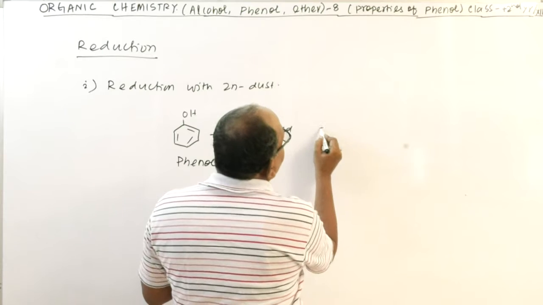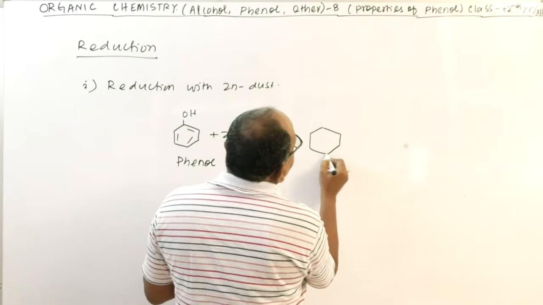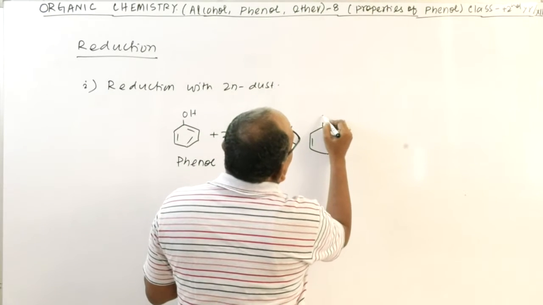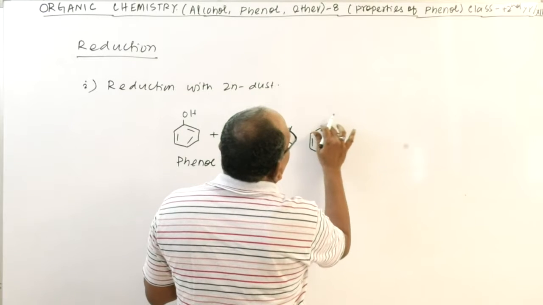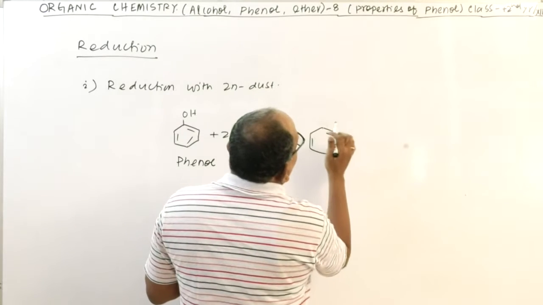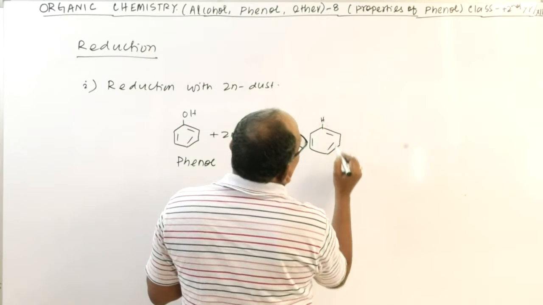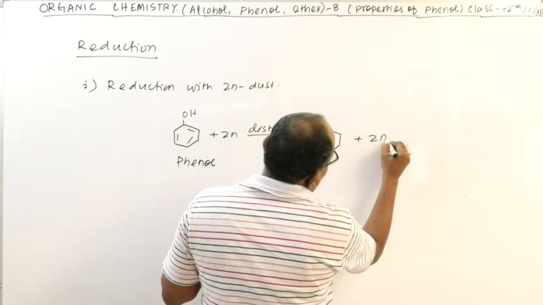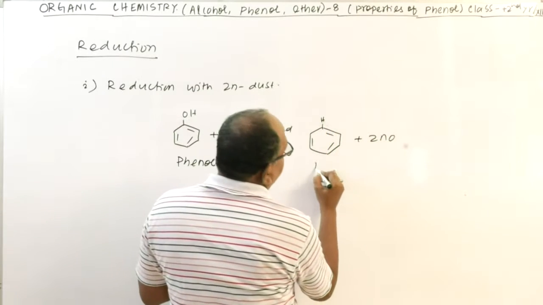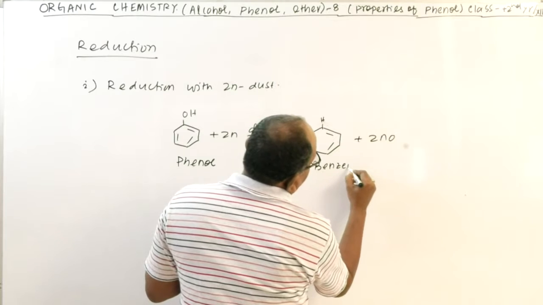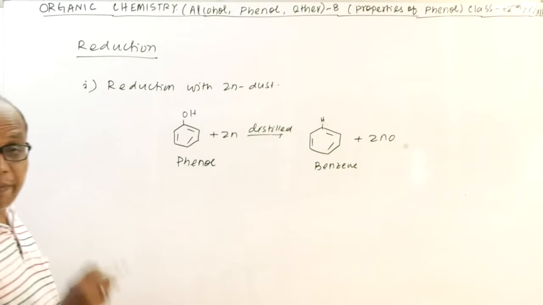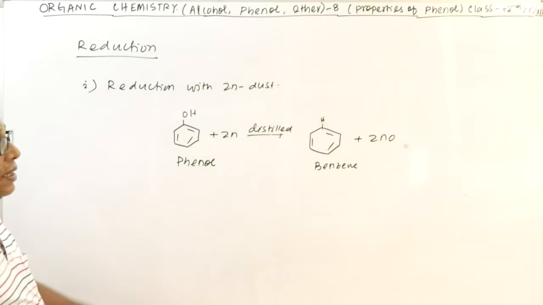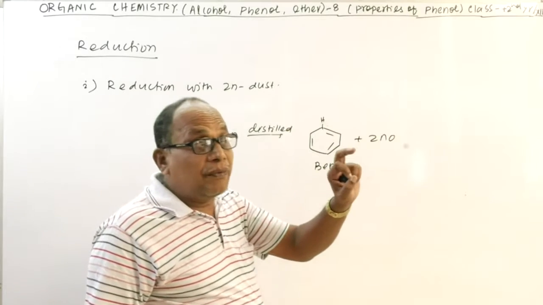So this became H, this became benzene. This became H, with ZnO. This is your benzene. A very important reaction, required everywhere for conversions.